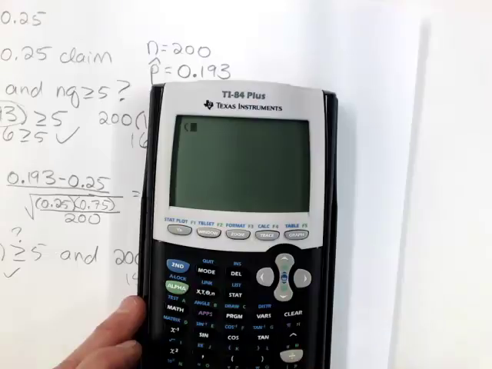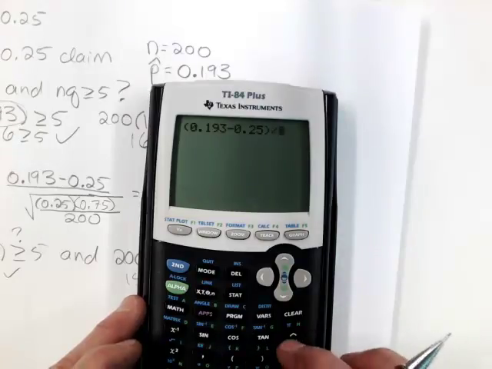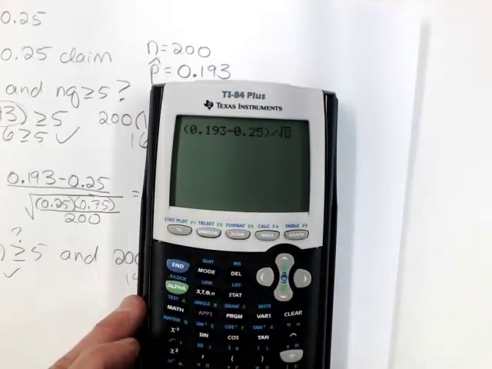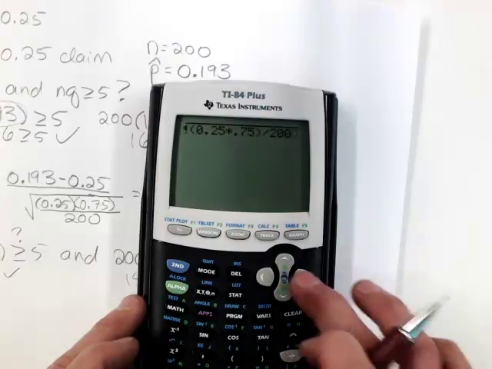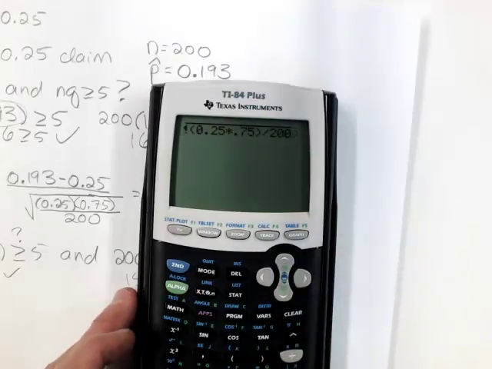So 0.193 minus 0.25 divided by the square root of 0.25 times 0.75 divided by 200. That whole thing is under the radical, also known as the radicand.